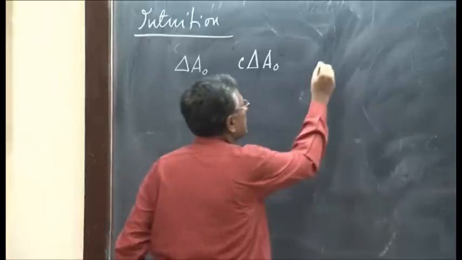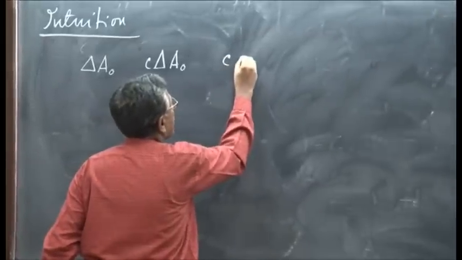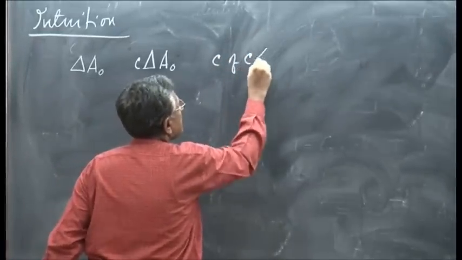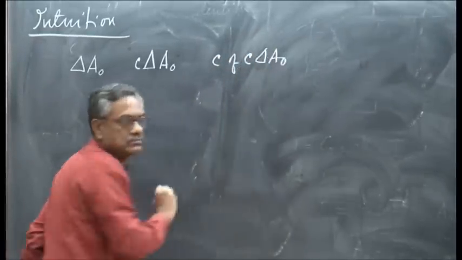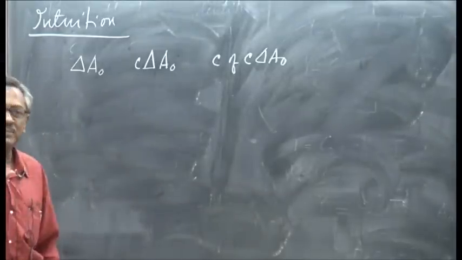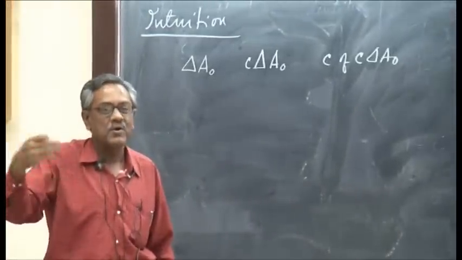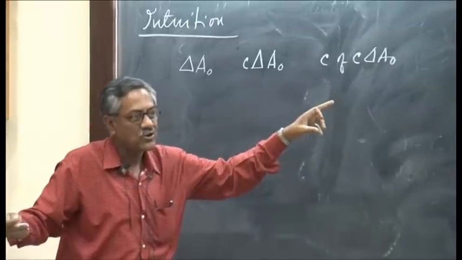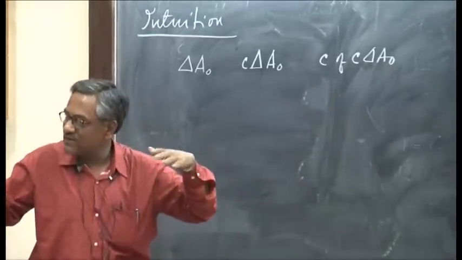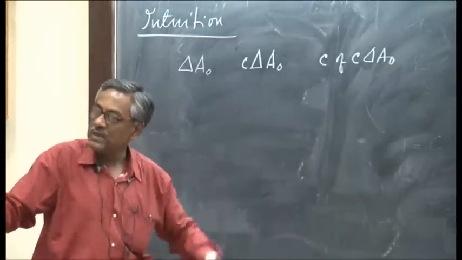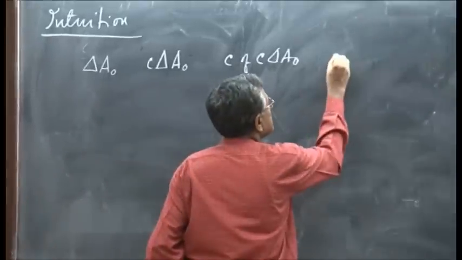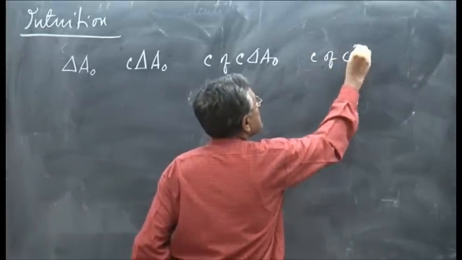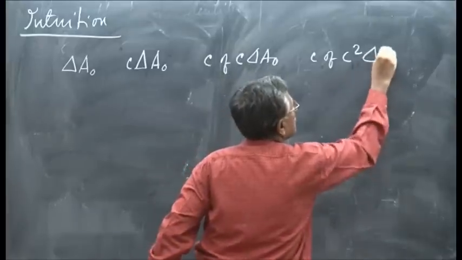So in the next period, they will spend C of C times delta A naught. Again an extra amount of consumer goods demand is placed, C of C delta A naught, which will be produced and generate income. And when they go home, they will spend again C squared delta A naught.